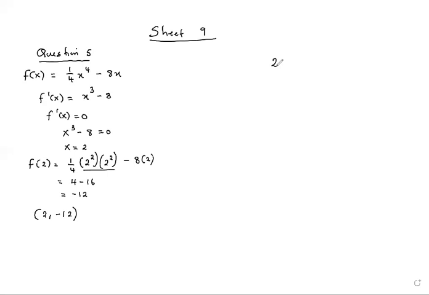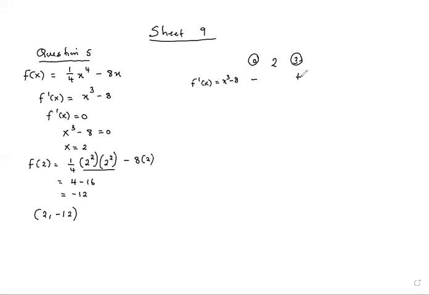So we'll test what happens after 2. Let's say we get 3. Or before 2, we get 0 in the first derivative, which is f prime of x, which is equal to x cubed minus 8. So when x is 0, we get negative. And when x is 3, we get positive.